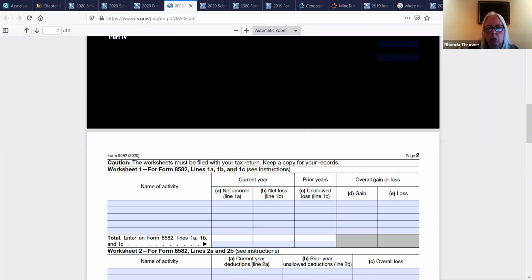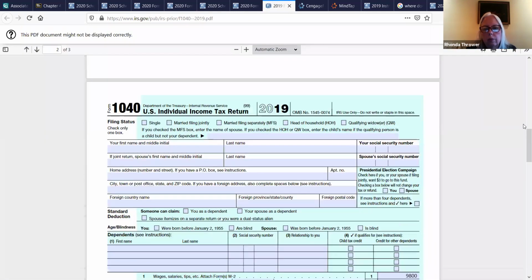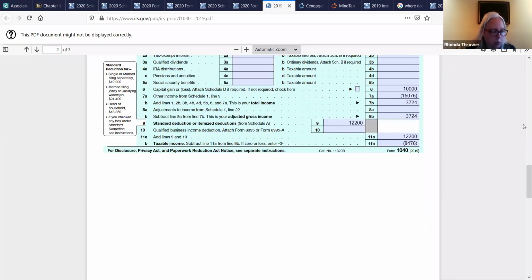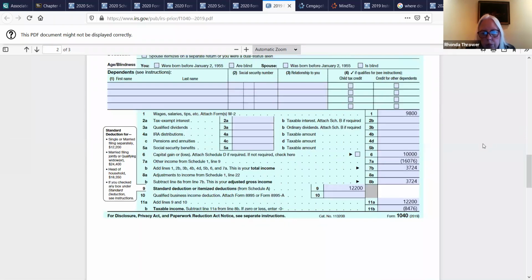And to find what that is, we need to look at the form 1040. So I'm going to scroll back to the 1040 form, and it's not on the 1040 form.